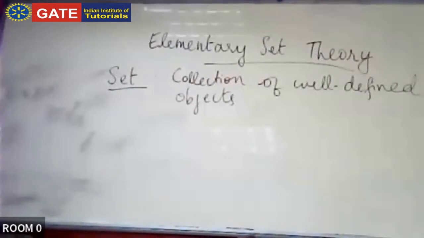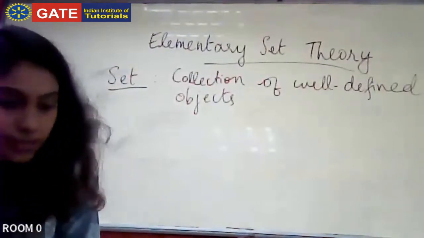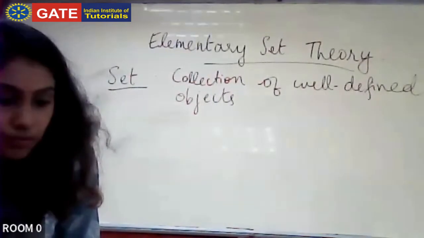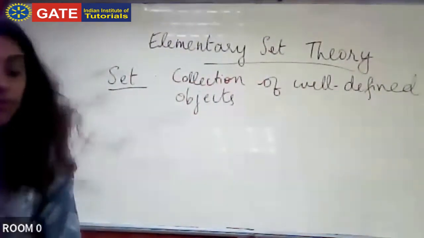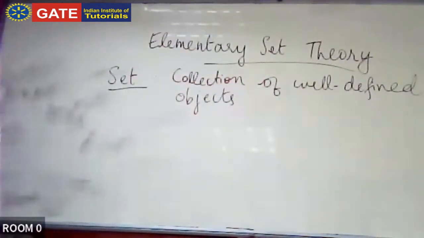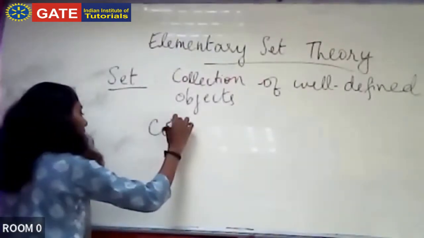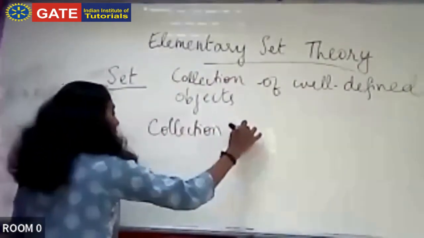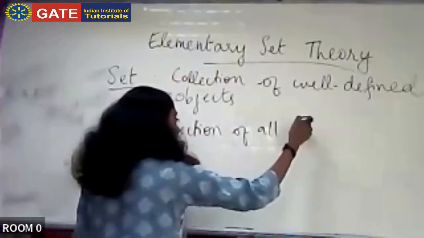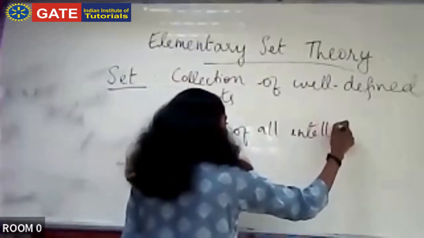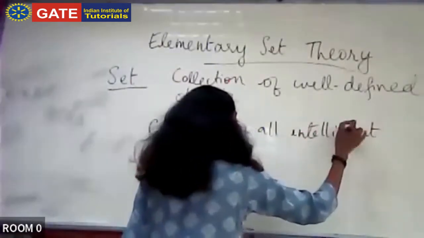Numbers. So if I say the set of all intelligent students in the class, will it be a set? If I tell that the collection of all tall students or intelligent students in the class, then will it be a set?